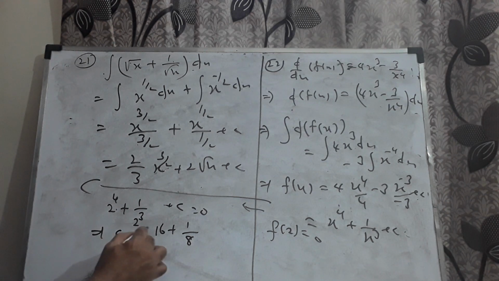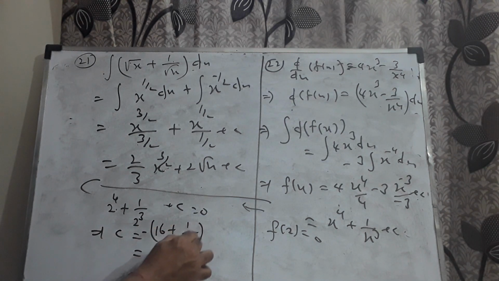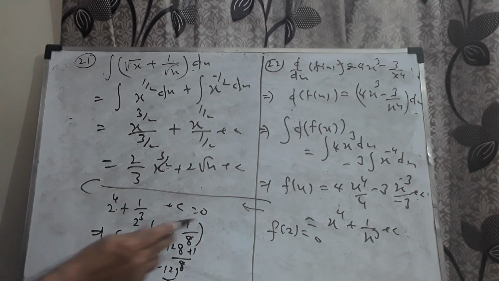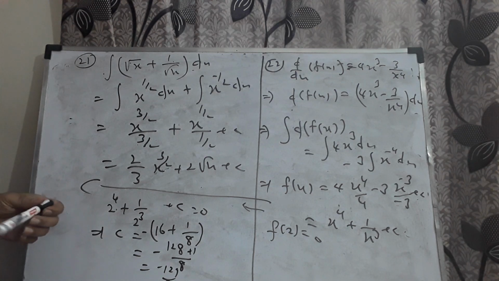C is the negative of this value, sorry, it will be a negative value. 128 plus 1 by 8, this is minus 129 by 8. Therefore, my final answer is f of x is x power 4 plus 1 by x cube minus 129 by 8, which is my answer A in the textbook.